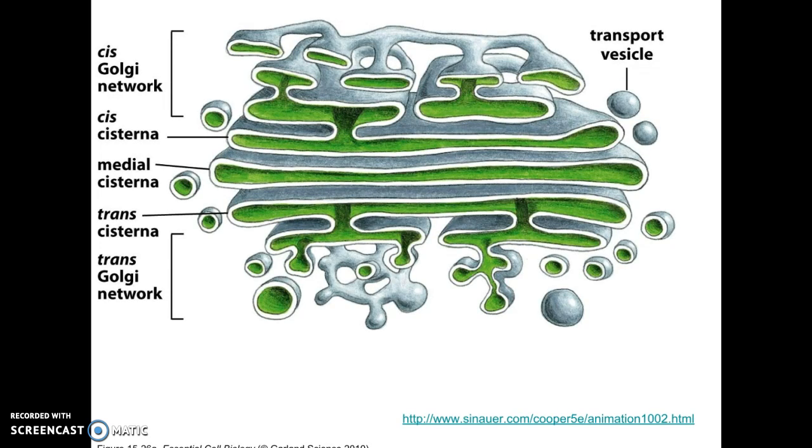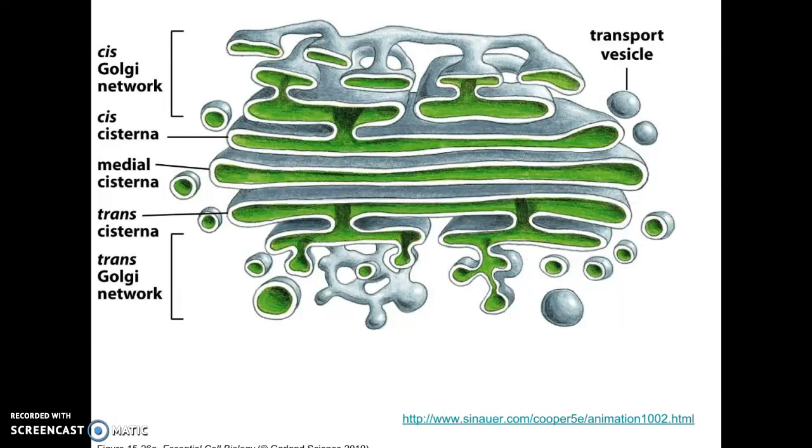As the protein gets made in the ER, a huge sugar gets added to it. And then it moves on to the Golgi. It first goes to the cis side and then progresses through the Golgi to the trans side. As these proteins mature through the Golgi, the sugar gets modified.